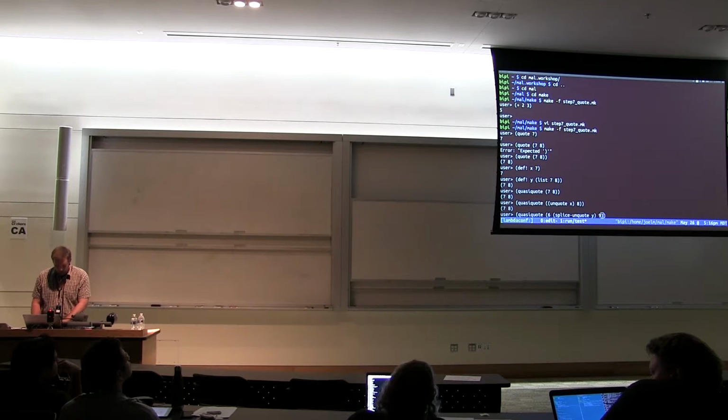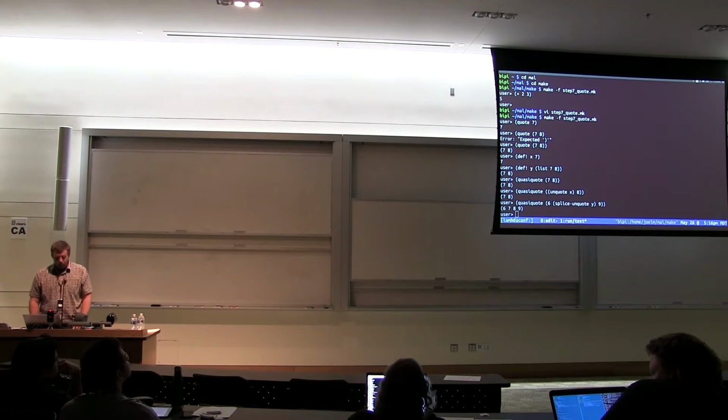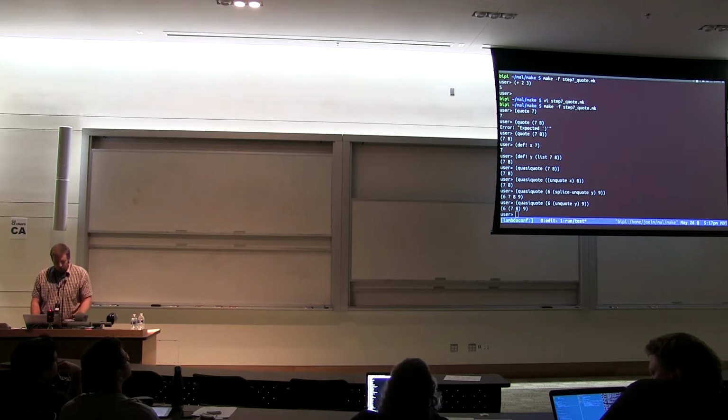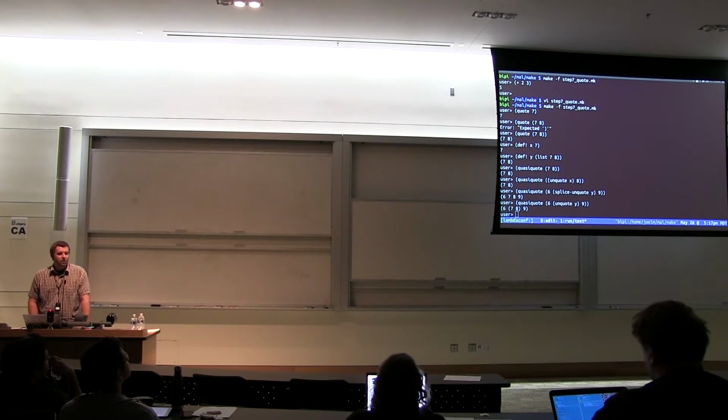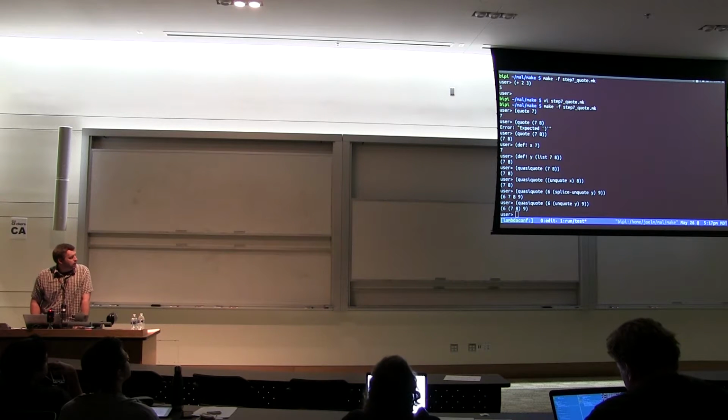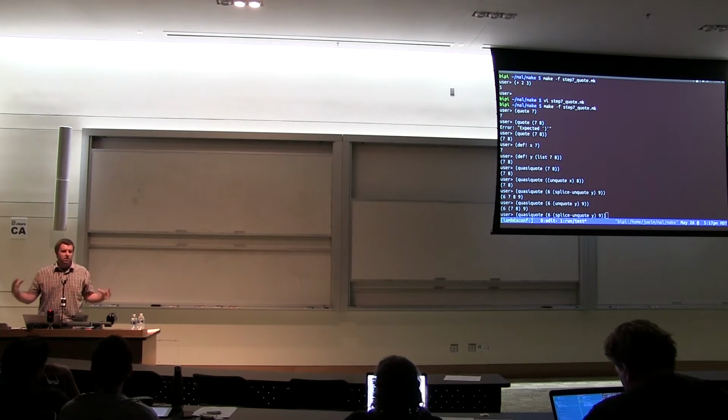This won't be 9. And so splice-unquote, if I had just done unquote here, I would get y directly in that position. If I do splice-unquote, it basically puts it into a list that's already there.